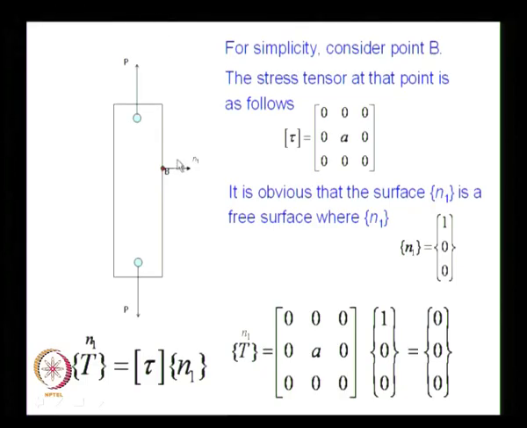Okay. Now, I have seen for this problem that on a free surface the stress vector is 0. Suppose I take another problem where I have a projection like this, and I am not interested in finding out stresses at all these points.